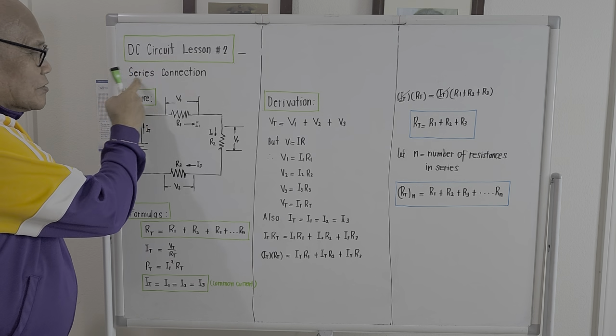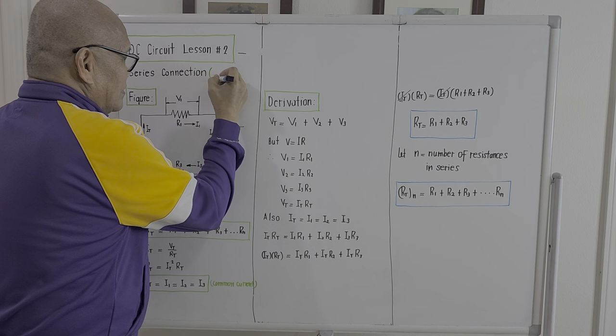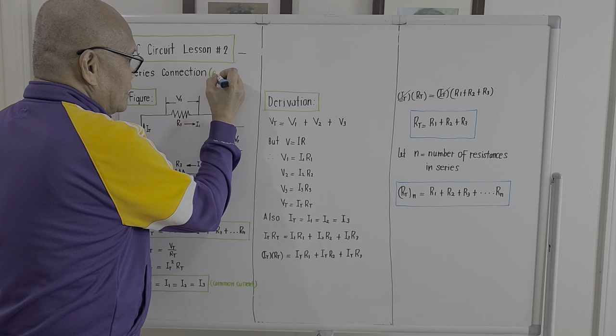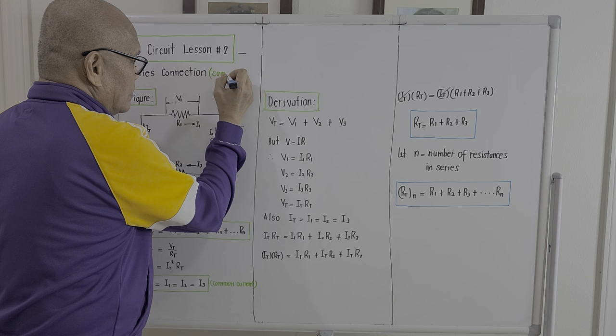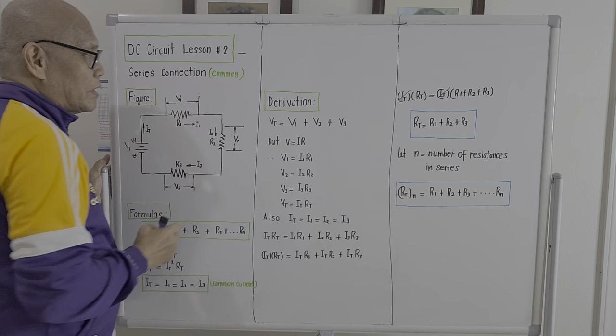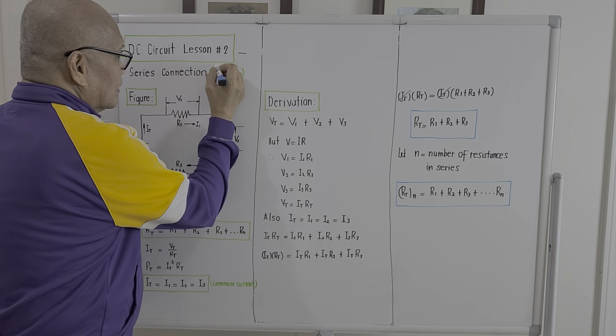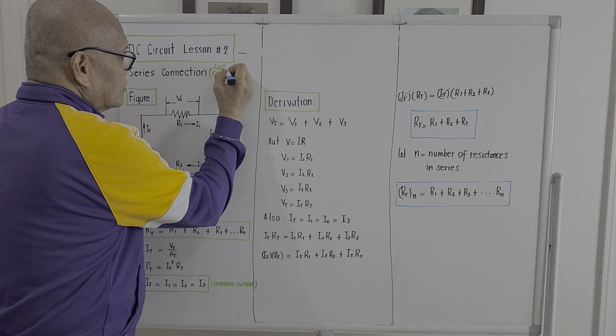For it to be a series connection, the condition is this: the current should be common. Current is common.